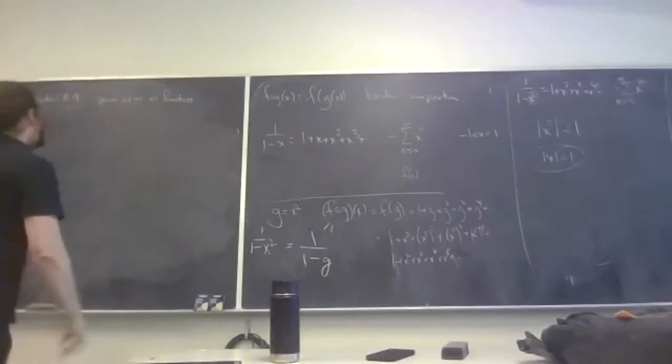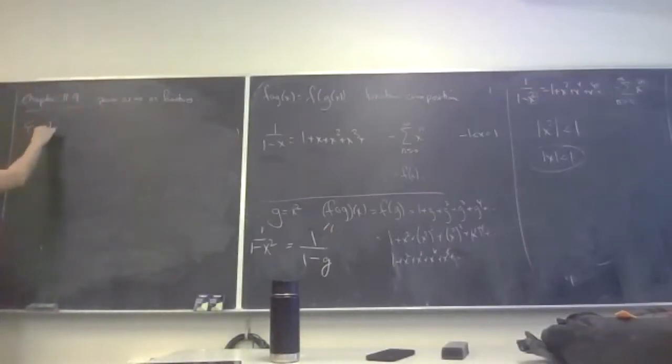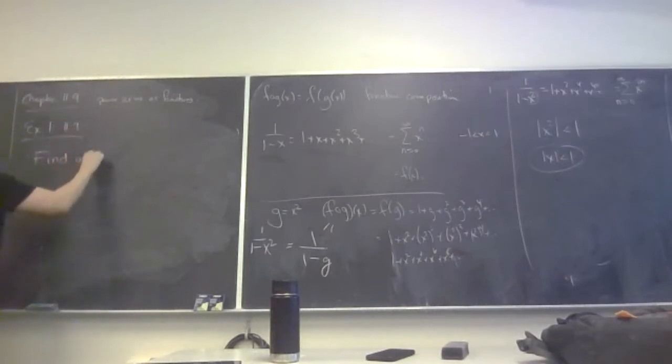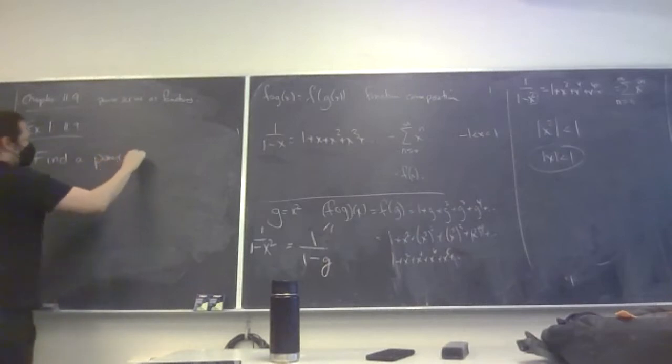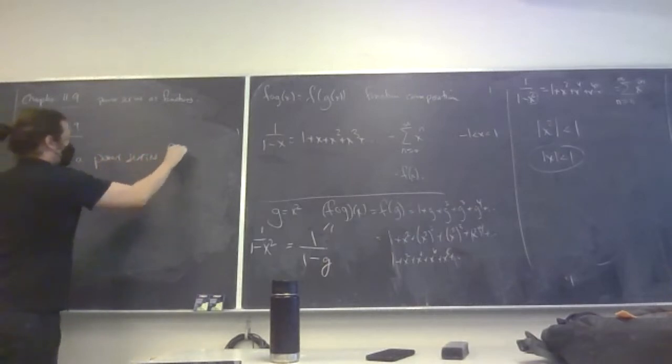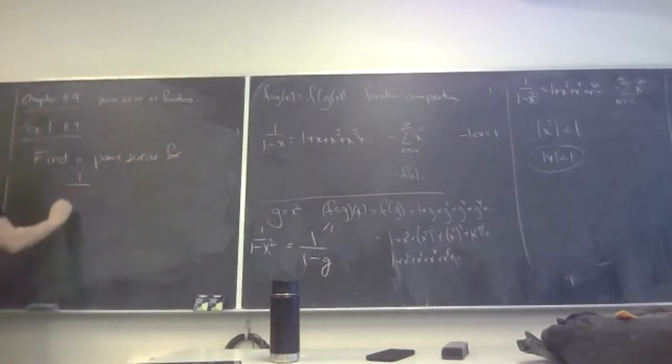So here's a slightly more complicated example of the same idea. Example 1 from 11.9, which is find a power series, or, I don't know, 1 over 1 plus 2x.